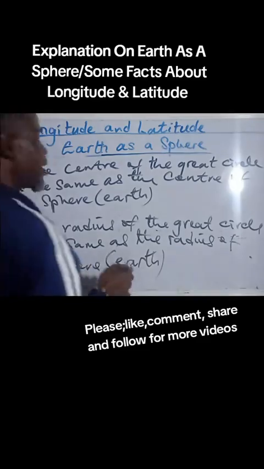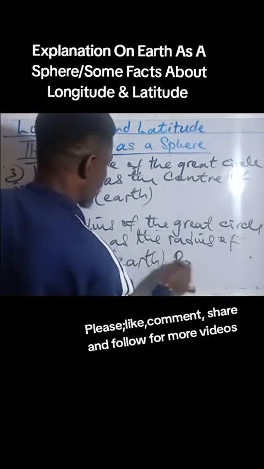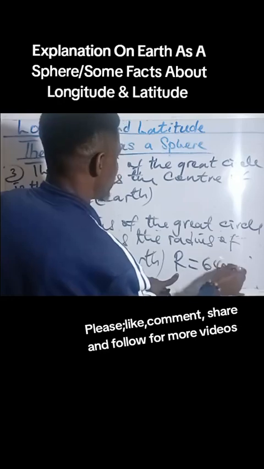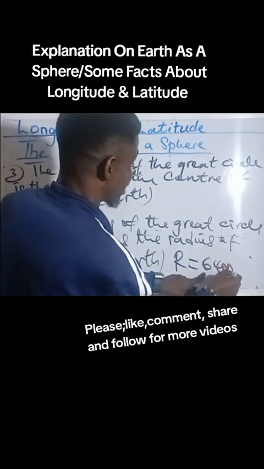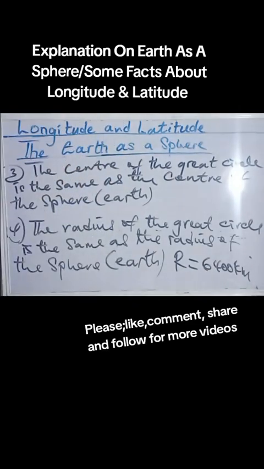And what is the standard value of the radius of the Earth, which is r? It is known as 6,400 kilometers. So that is the standard value of the radius of the Earth.